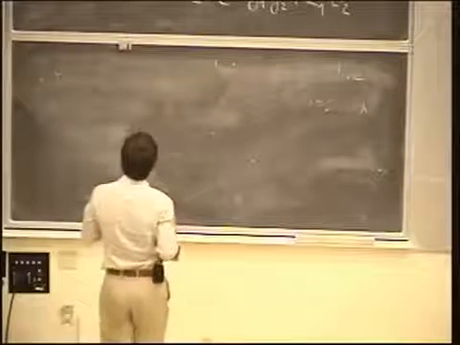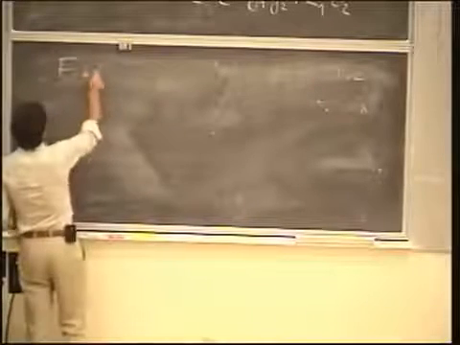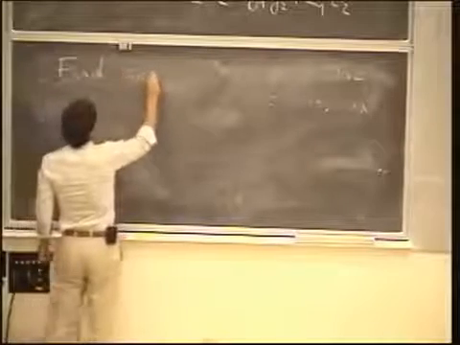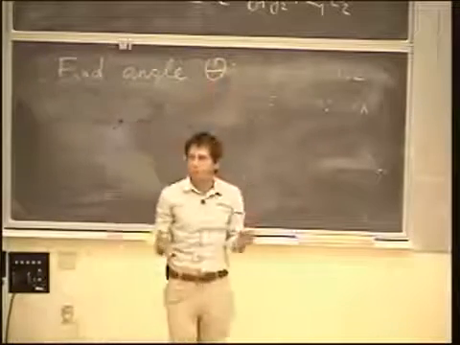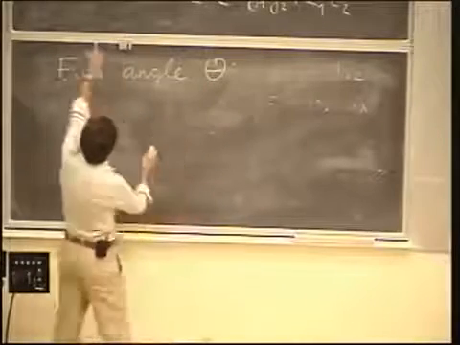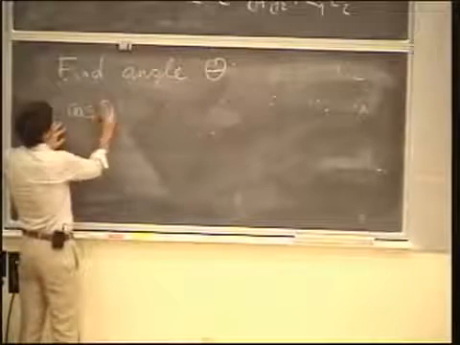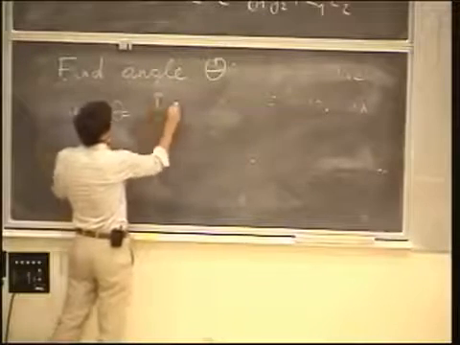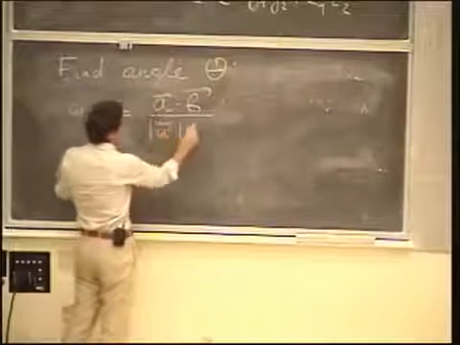Okay? For example, we can find the angle theta, the angle between the two vectors, by combining these two formulas. From the first formula, we learn that the cosine of this angle is equal to the dot product divided by the magnitudes.